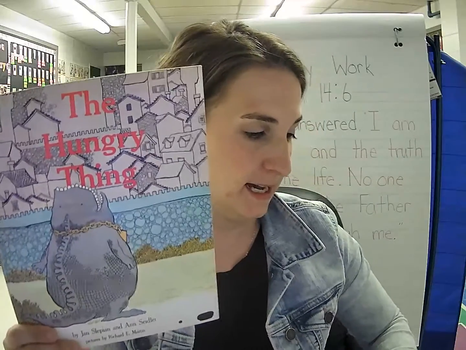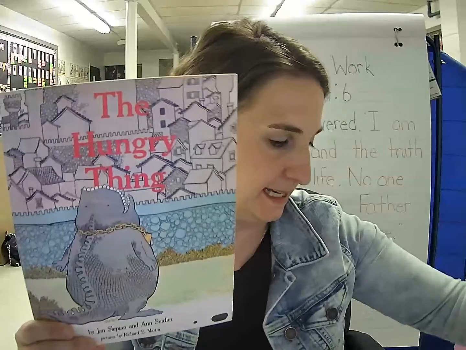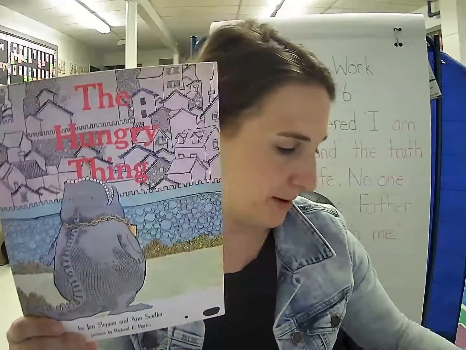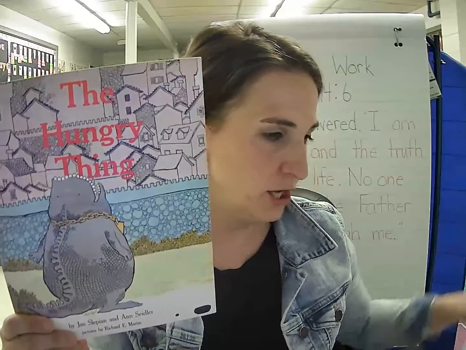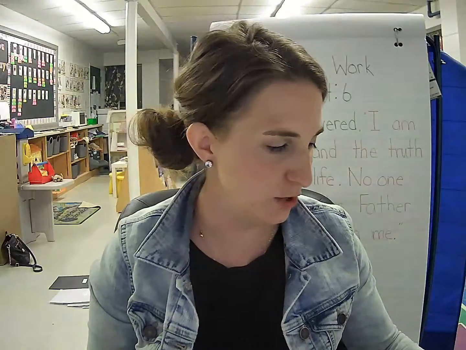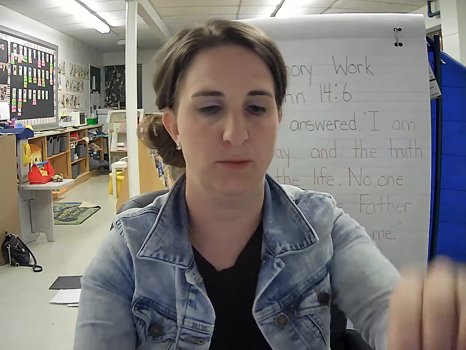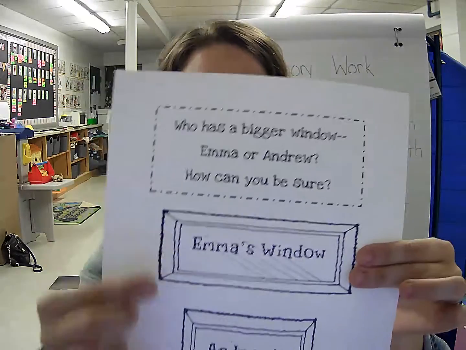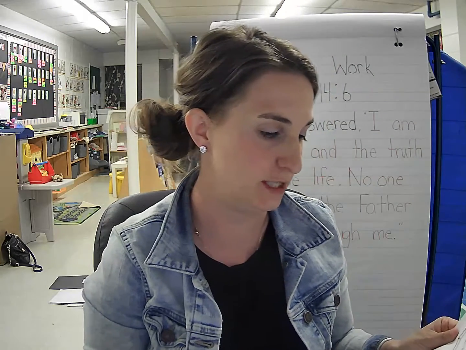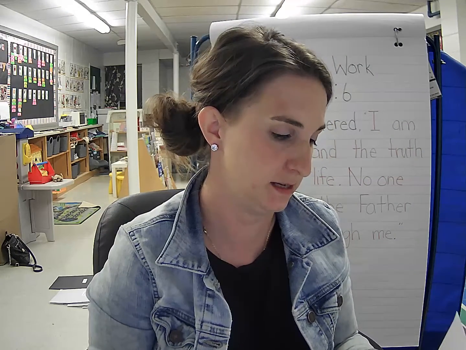All right, let me see what else we can say about our area. So I'm going to show you the windows again. So my paper with the windows. So this is Emma's window and this is Andrew's window. Now I'm going to cut them out for a minute. Don't cut yours out. Mrs. Cummins is just going to cut hers out.